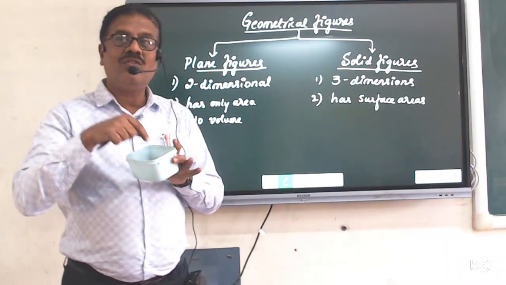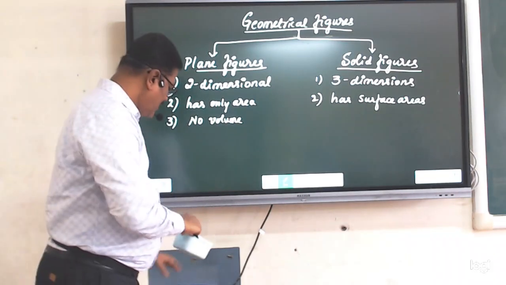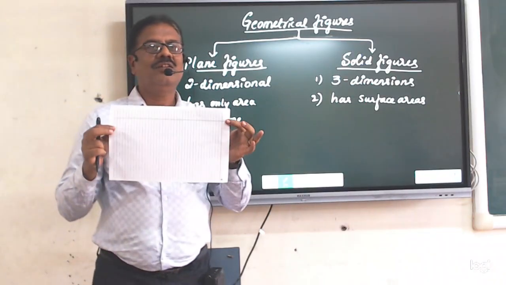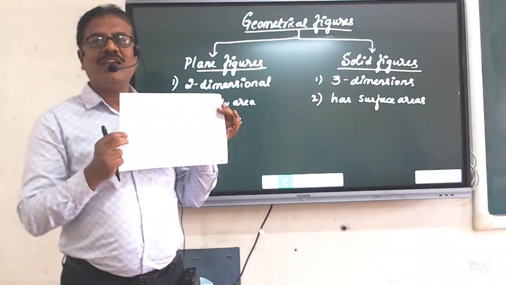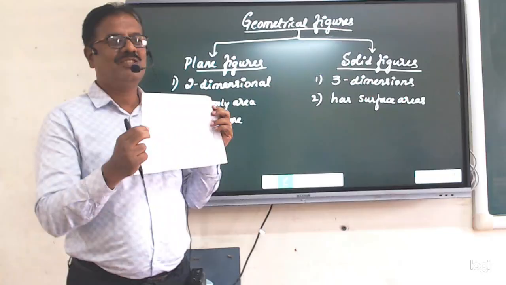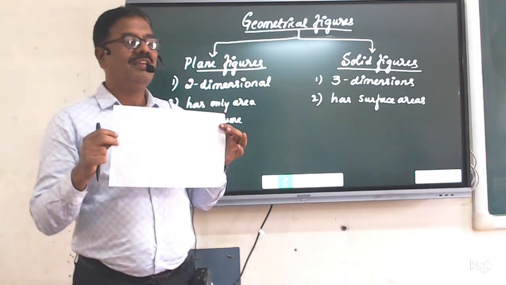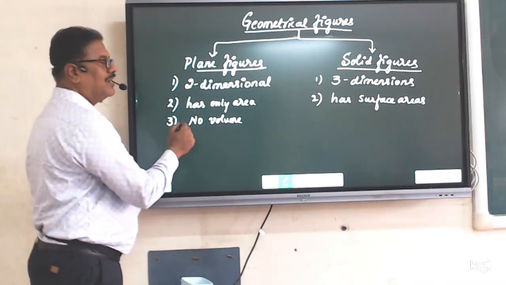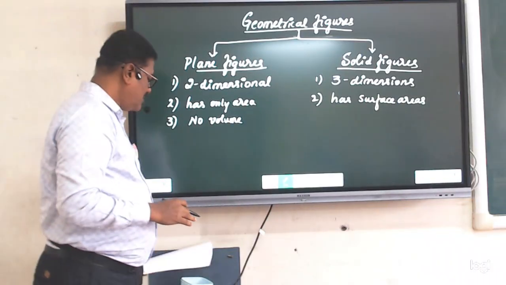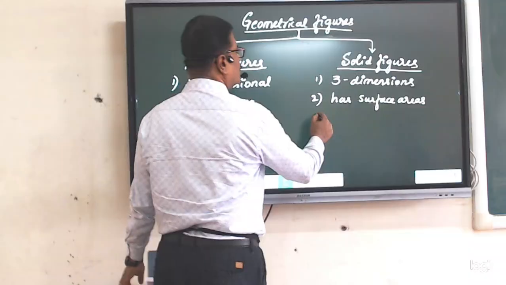This kind of empty space we cannot find in the case of a plane figure. Why can we not find it? Because there is no thickness. That is why we say plane figures will not have any volume, whereas solid figures have volume.